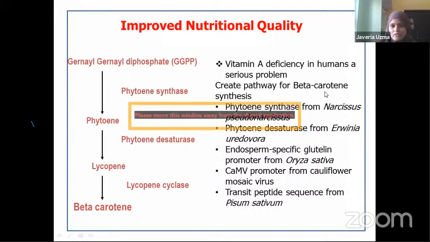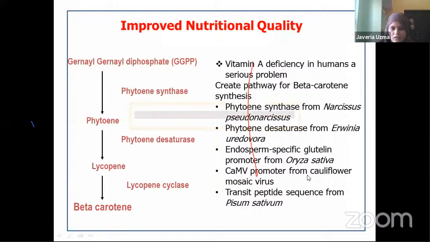This beta carotene will change into vitamin A during metabolism of rice in our body. These genes, that is phytoene synthase, phytoene desaturase, and lycopene cyclase, are taken from different other species. Like phytoene synthase was taken from Narcissus, phytoene desaturase from Erwinia, and endosperm specific glutelin from Oryza.